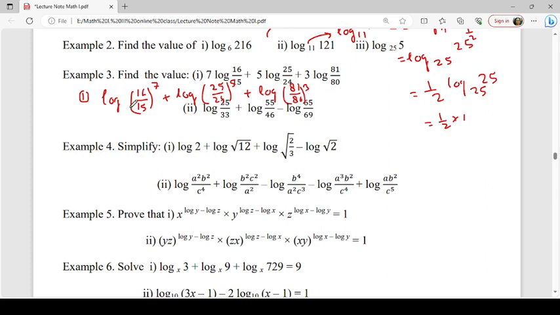So what we are getting is log of a plus log of b plus log of c.